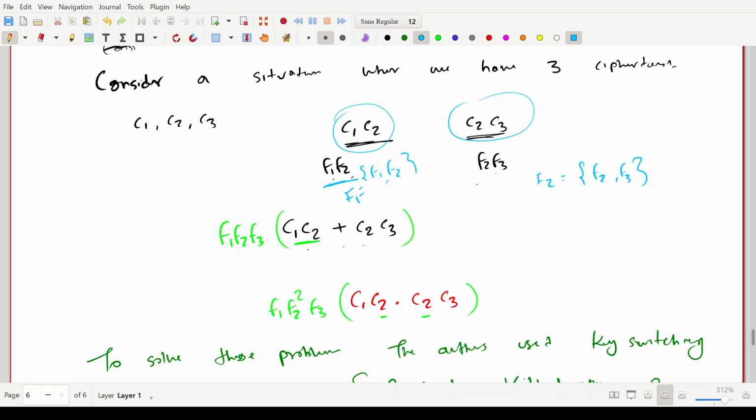But in the case of multiplication I get this square term, and if you have more, it will change. So I just wanted to get rid of this square. Can I still decrypt using just F1, F2, F3? That would be very nice. That was the main idea.